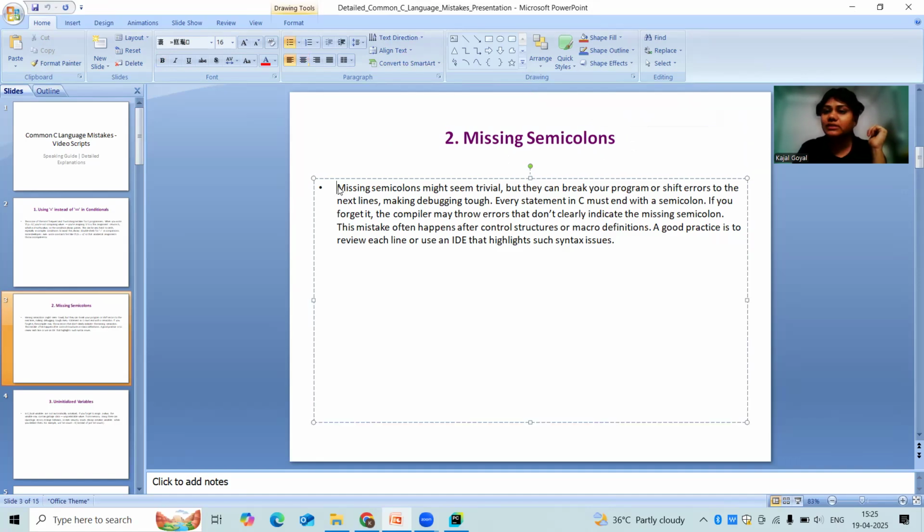Okay. So let's see what is actually inside the content. Missing semicolons might seem trivial, but they can break your program or shift errors to the next lines. Missing semicolons, of course, lead towards errors. They can break the program, they can cause errors, making debugging tough, right?